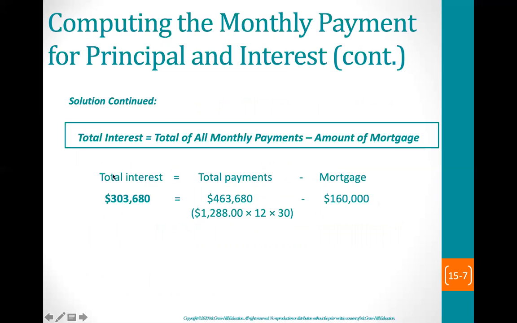So over the life of the loan, he's going to pay $303,680 in just interest. Now, I do want to point out that this example in the book is a little, dare I say, outrageous. Interest rates on houses are not, at this moment in time, typically at 9%. They're closer to the 5.5% range. So this is just a really large amount of interest.